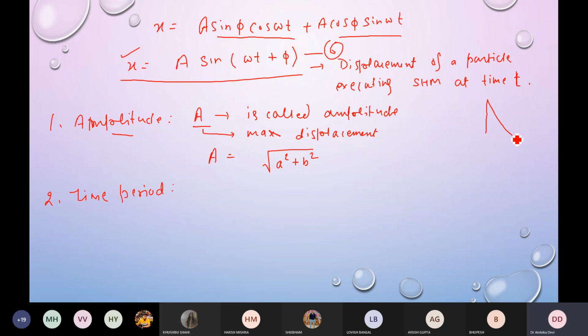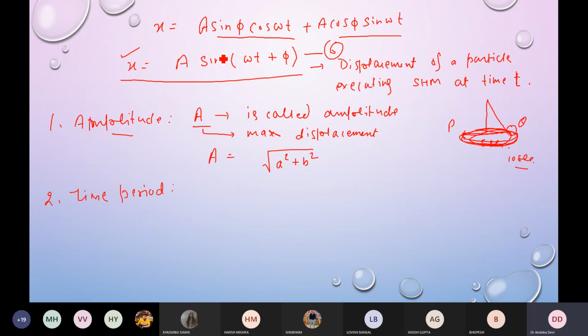If the particle is here at some instant of time, and then after let's say 5 seconds it is coming back to this position P, let's say this is Q, and from this P it is again coming back to this point Q, and the total time taken by this motion is, let's say, 10 seconds, then 10 seconds is the time period of vibration, right? So the time taken for one complete revolution for the particle is the time period.